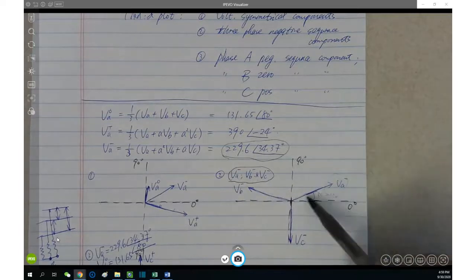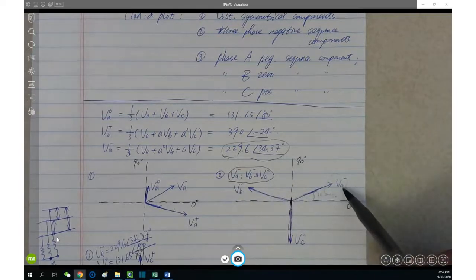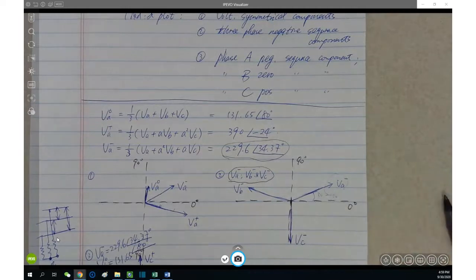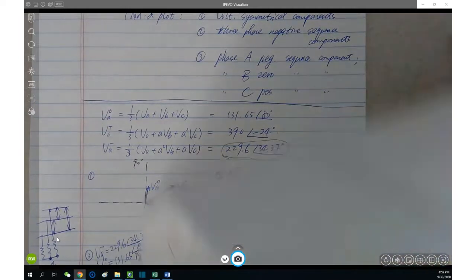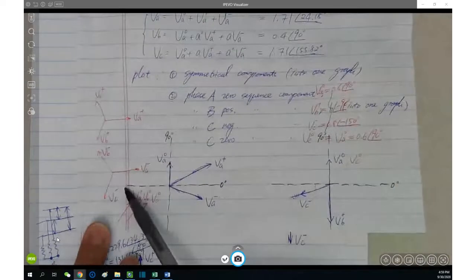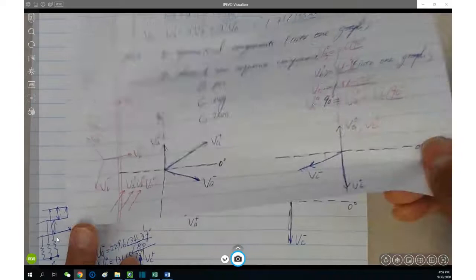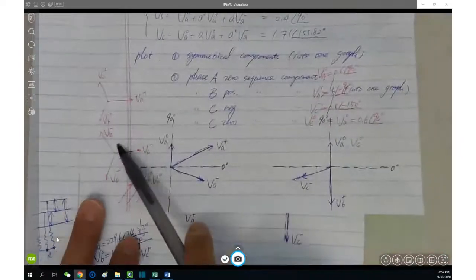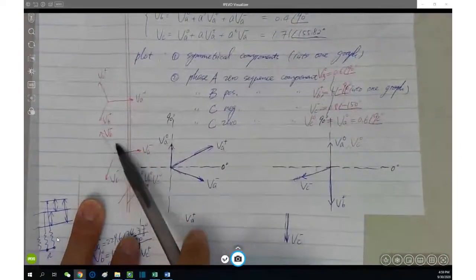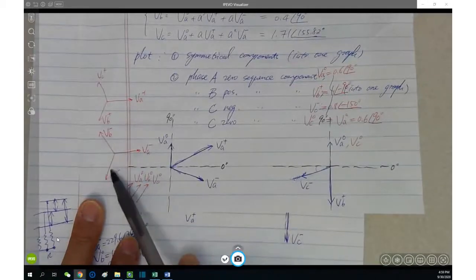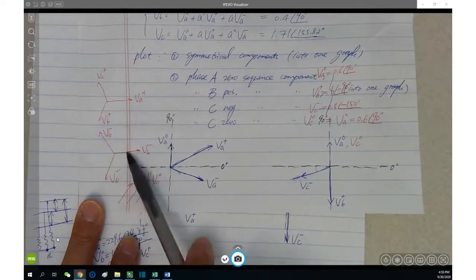After plotting VA minus, which has a 34 degree phase angle, negative sequence is like this, right? We just did it here. So if VA minus is here, then we are looking for VB minus. It is going to increase the phase angle by 120 degrees. VC minus is just decreasing the phase angle by 120 degrees.